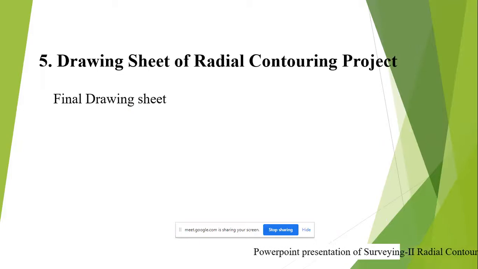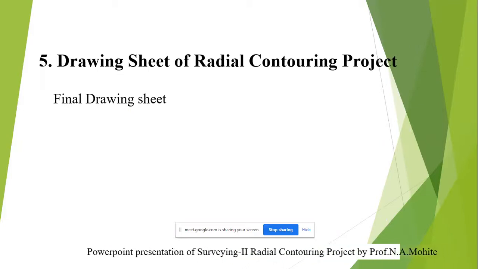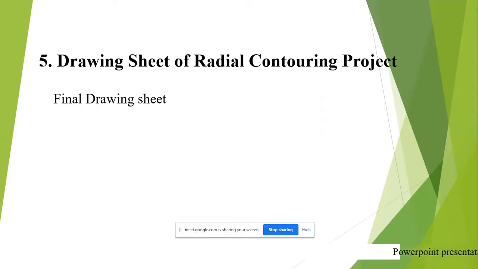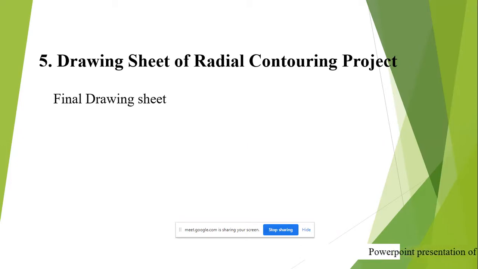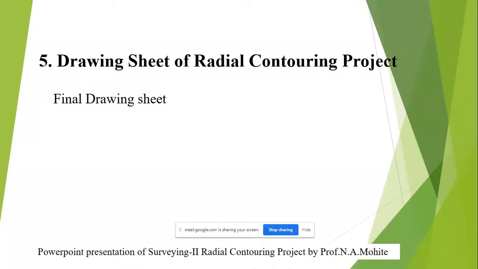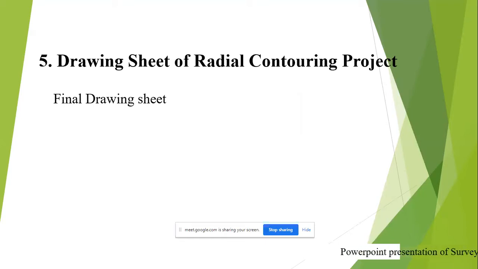We have seen the prerequisites, what instruments we require in drawing the sheet, what formulas we require, how the fly leveling operation is done, how the grid formation is done on the ground, how the staff readings are taken, and how the magnetic bearing of the center line is taken. Then after coming to the office work or the college work, how we calculate the RLs, which method of interpolation we adopt by taking a suitable scale, how the grid formation was done, and how the final checks are to be taken, of the radial contouring sheet.